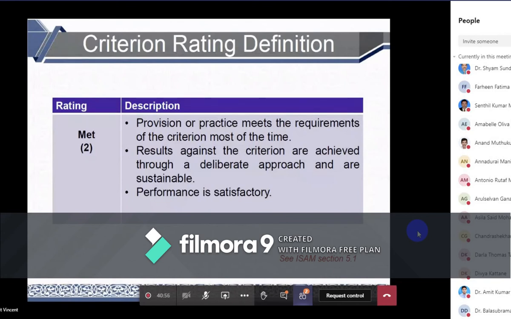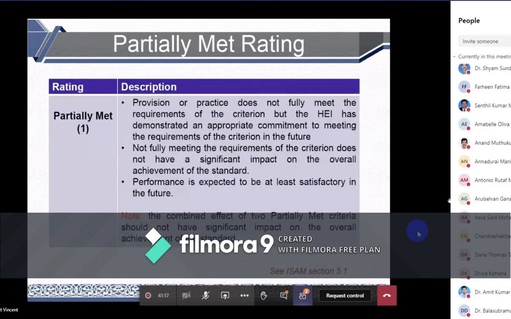We have the mechanisms, we have the plans, we have the process, we have the results, everything achieved, deliberate. But if your performance is only satisfactory, so again I'm going back to your improvements, results, improvements, then we will only be able to achieve 2 for a criteria. Then comes the last one, or the dangerous one, partially met.